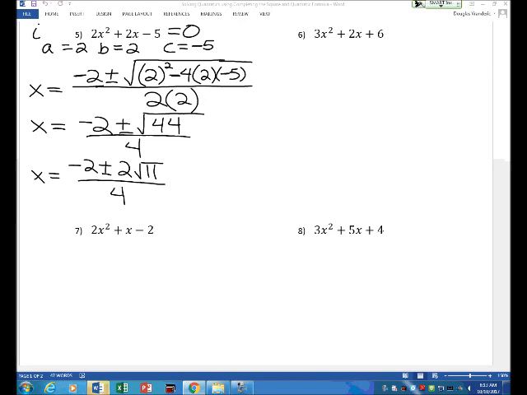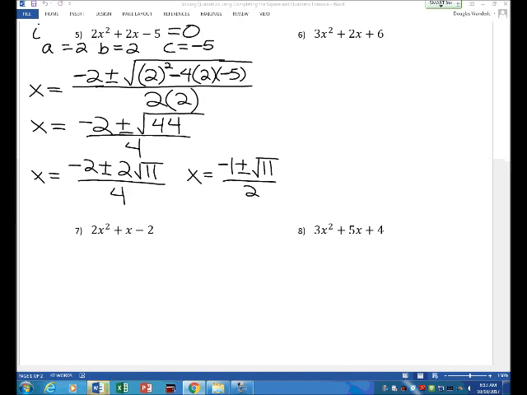Do I touch the 11? No, don't do it. So x equals -1 plus or minus the square root of 11 over 2. I took all three numbers and divided them by 2. Now you may be wondering, where did that other number go?